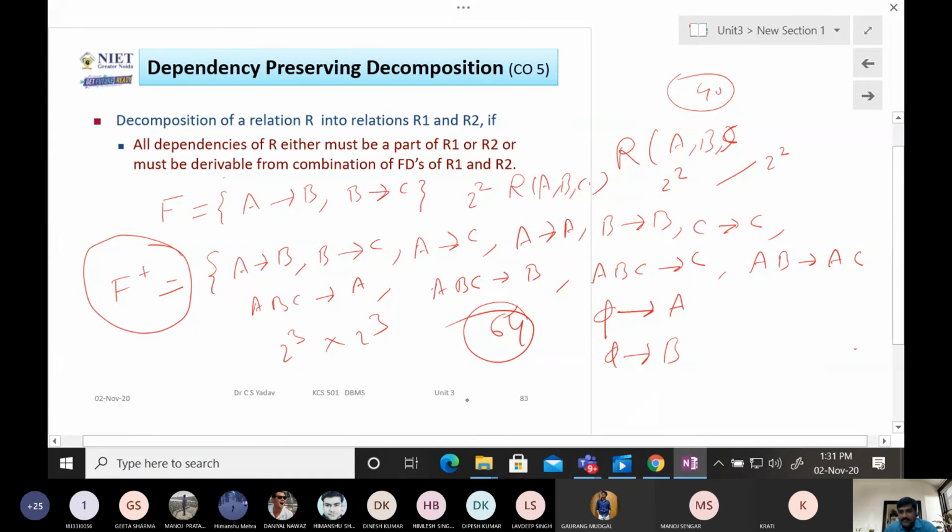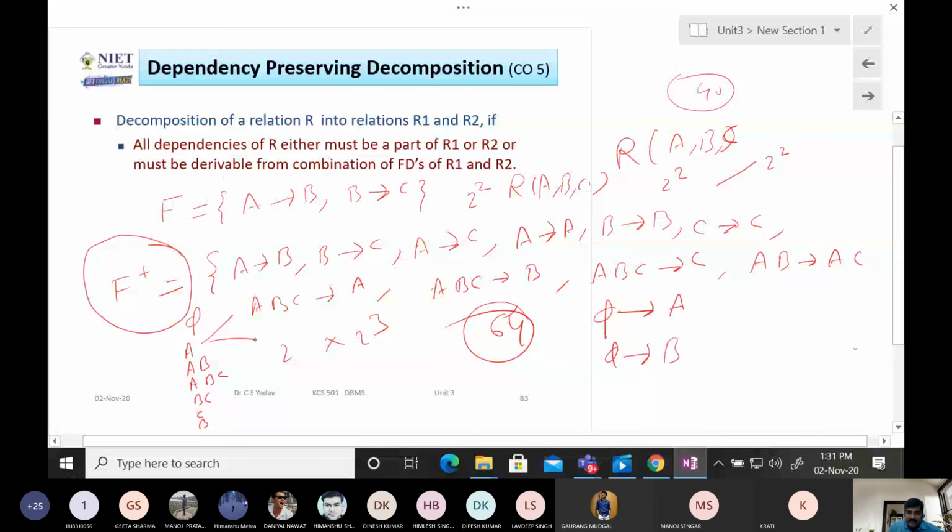Because there are three attributes, the subsets are phi, A, AB, ABC, BC, C, B, so 8 elements.